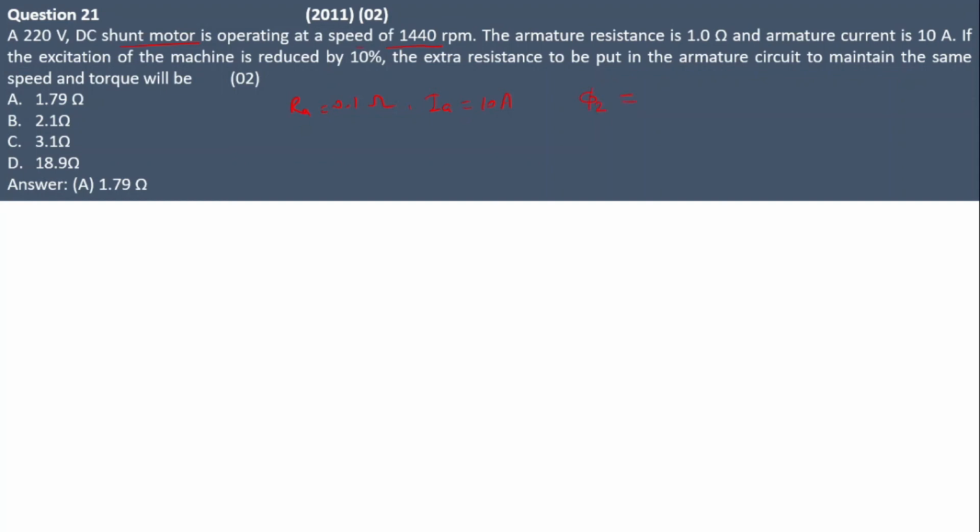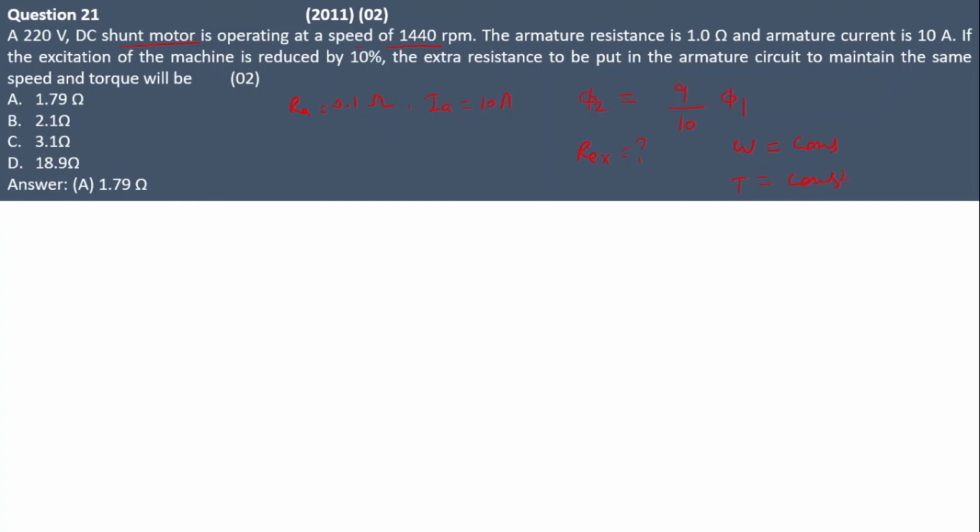So if earlier it was 100, now it is 90. So phi2 equal to 9 by 10 of phi1. The extra resistance to be put in the armature circuit to maintain the same speed and torque. So omega equal to constant, and speed and torque also constant.